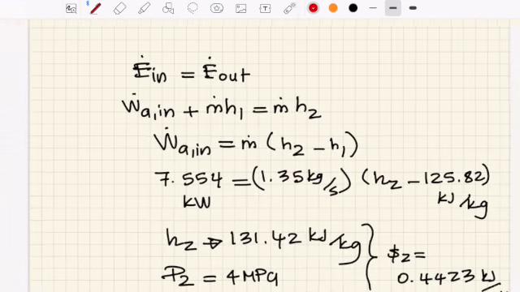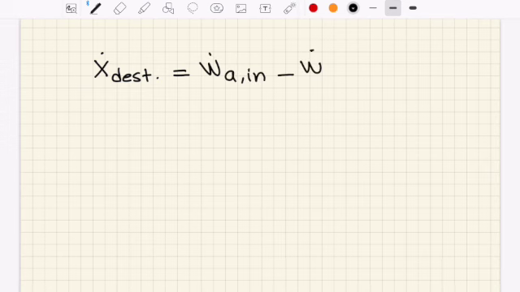That's what we were trying to figure out, and therefore the rate of exergy destroyed, we can find from the actual minus the reversible. Always remember that exergy destroyed is the same as the irreversibility. So the problem might say calculate the irreversibility rate or the rate of exergy destroyed. That is the same thing.